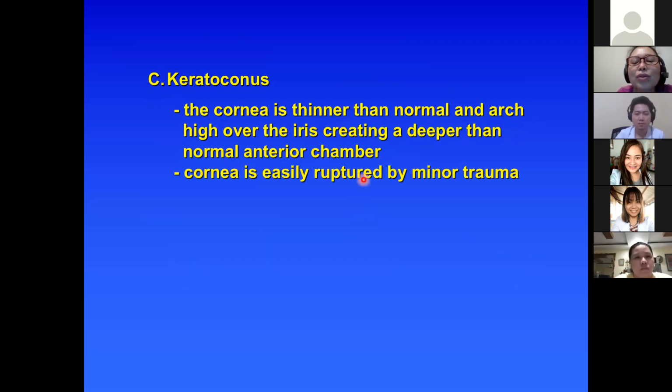When you look at the slit lamp, the anterior chamber would appear deeper because your cornea is shaped like a volcano.